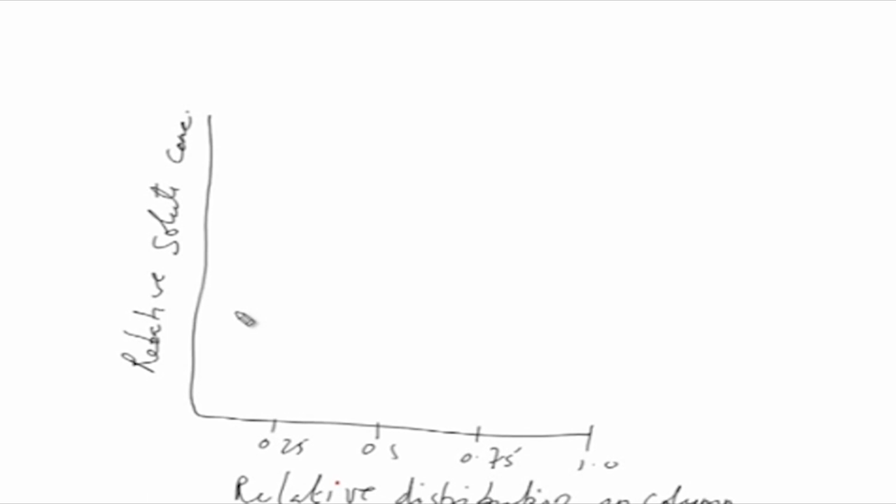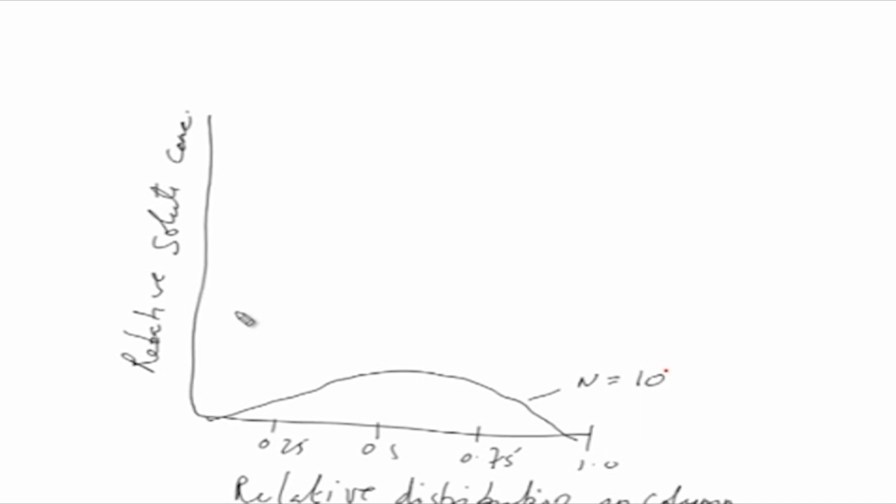Now, supposing the number of theoretical plates is very low, say there are 10 theoretical plates in a column, then the peak will not be very sharp, it will be a spread out peak where you have n equals 10.